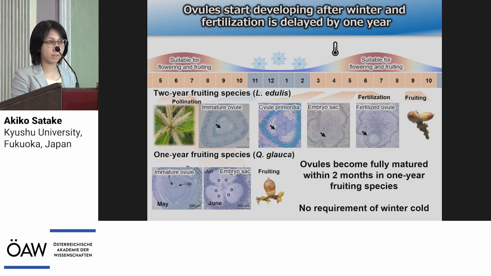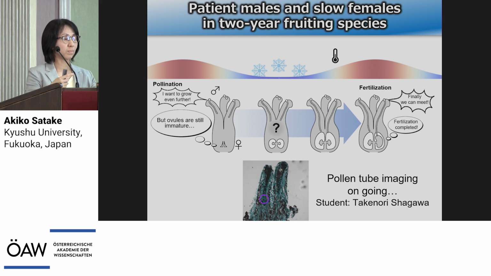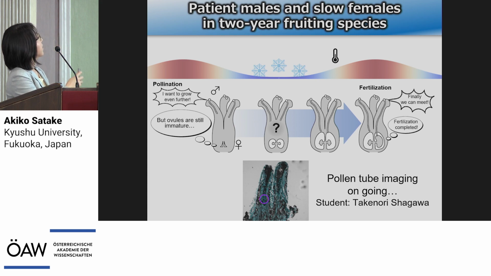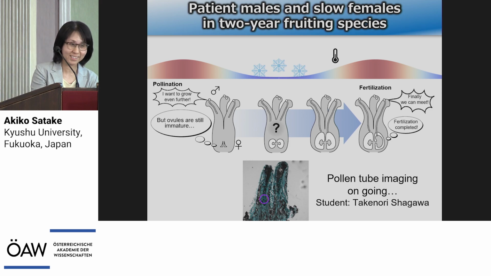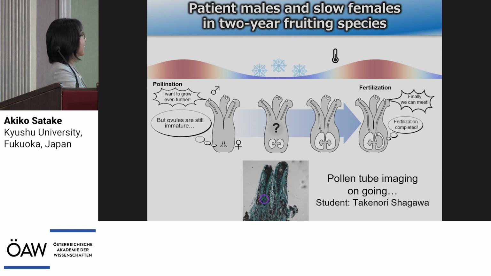So we hypothesize that the exposure to winter cold is necessary for them to start developing ovules. So something interesting is happening in the interaction between male and female. And we think in 2-year fruiting species, males are very patient to fertilize the female that develops very slowly, right?